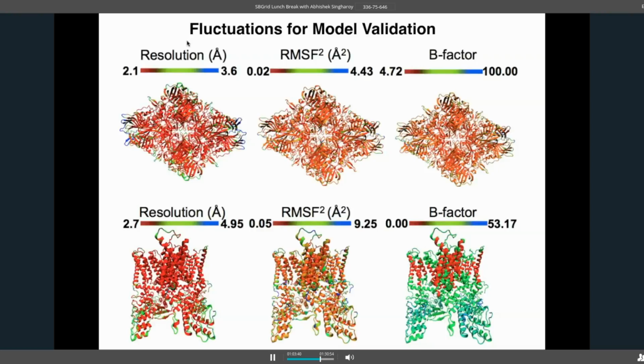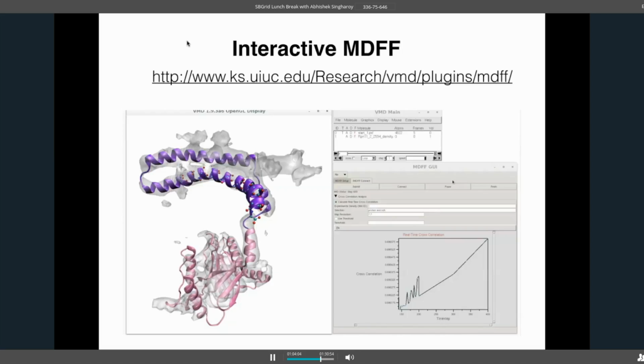I'll take one particular error analysis criterion, which we found very interesting, as well as very physically intuitive. There is this concept of the local resolution of a map. We found that the local resolution of a density can be directly computed from the amount of fluctuations that one can compute from MDFF.